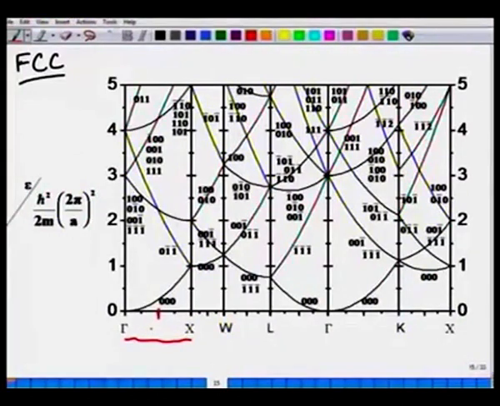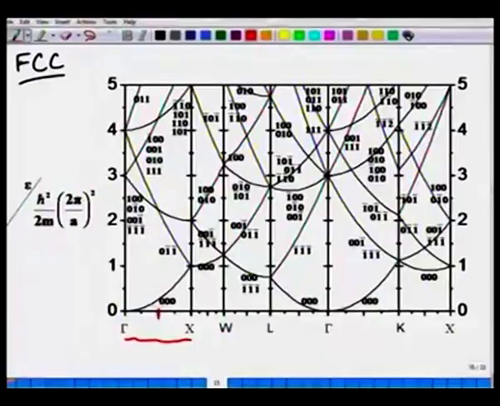This is the k prime vector going from gamma to X. The real k vector is then obtained by adding the capital K vector to it. And what is the capital K vector we are adding? We are using this index of m1, m2 and m3 as 0 0 0. Once we do that, I can take the square of that to calculate the free electron energy, the corresponding energy to that small k vector obtained from k prime.